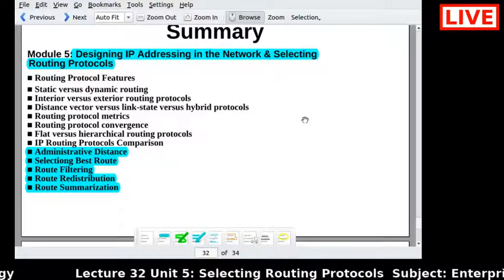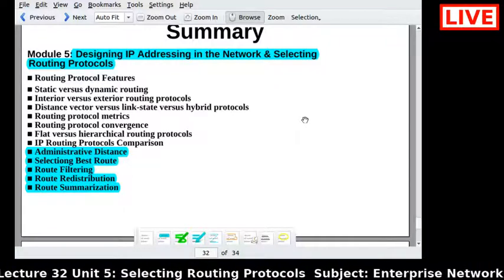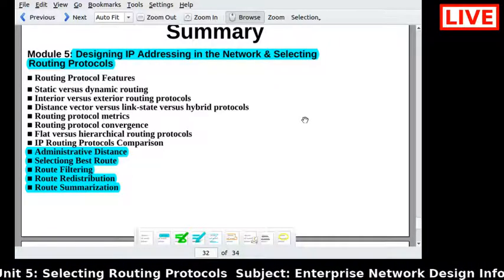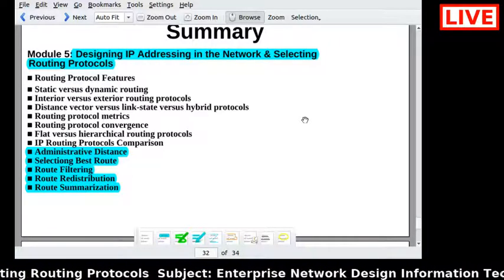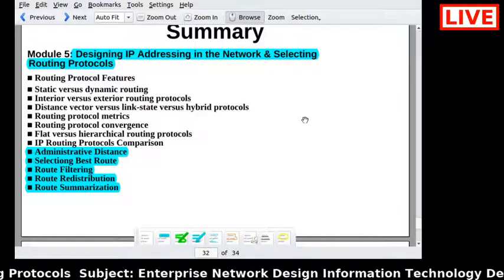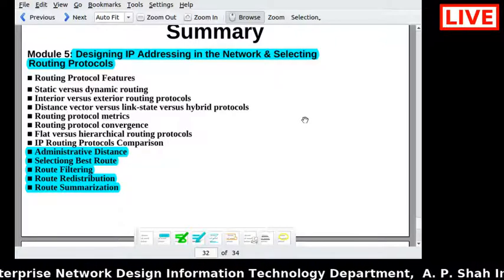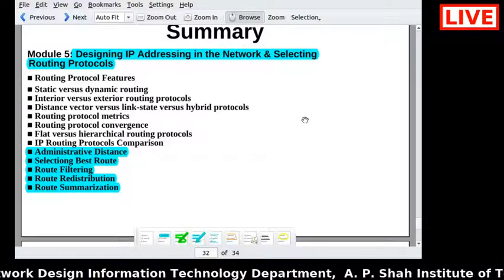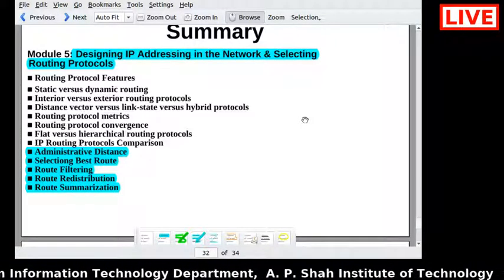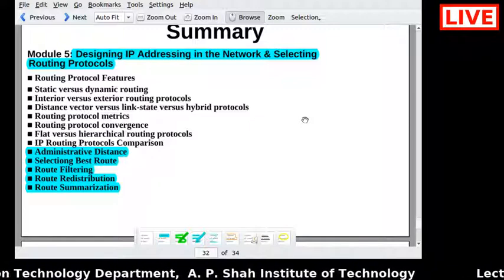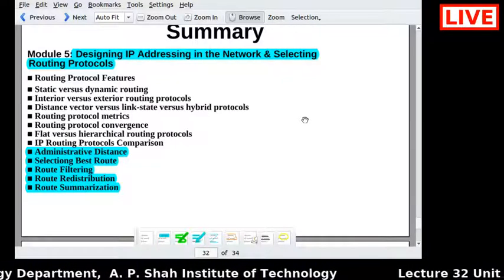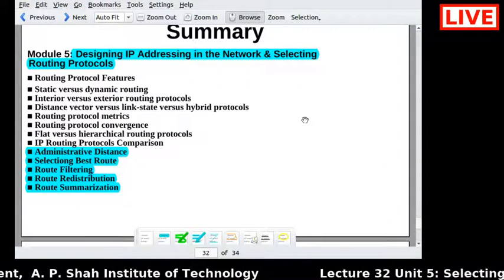First of all you need to know what we mean by public IPs and private IPs, and how you are going to convert private IPs to public IPs by using network address translation. We have also discussed port address translation, that is PAT.